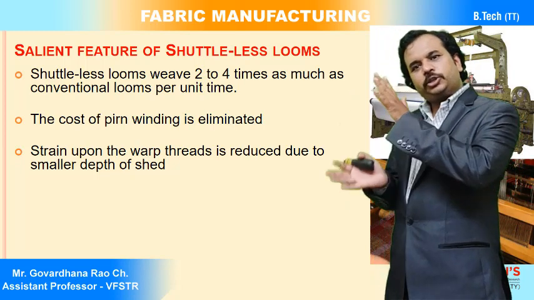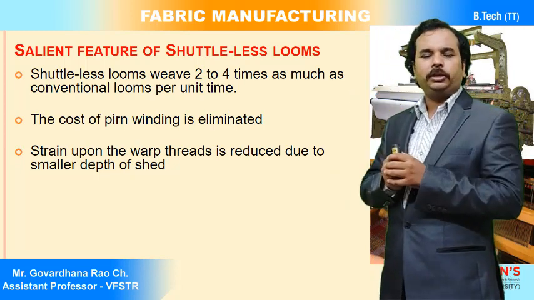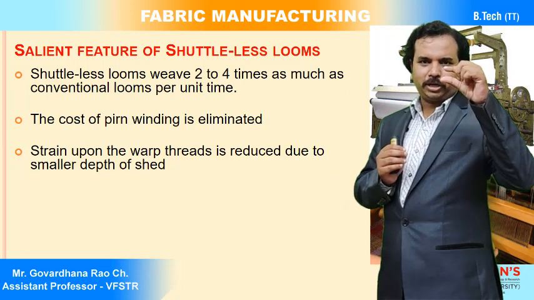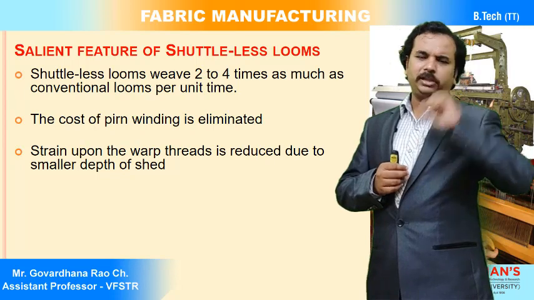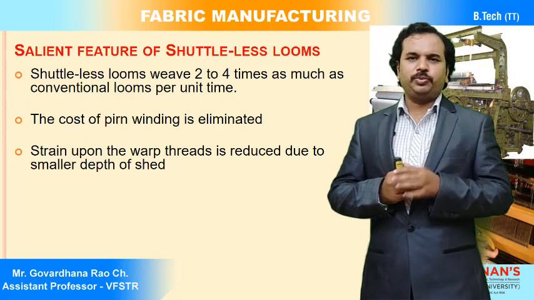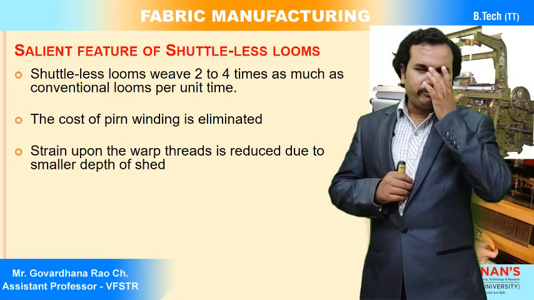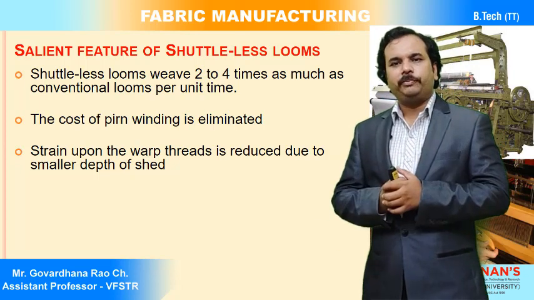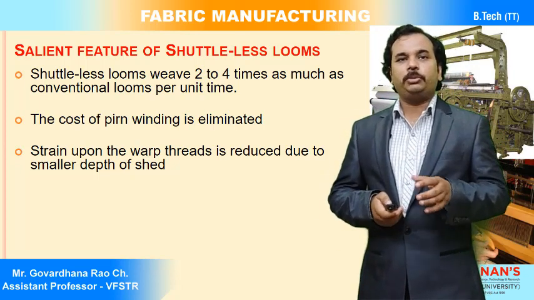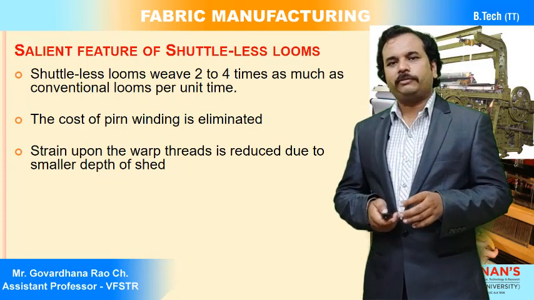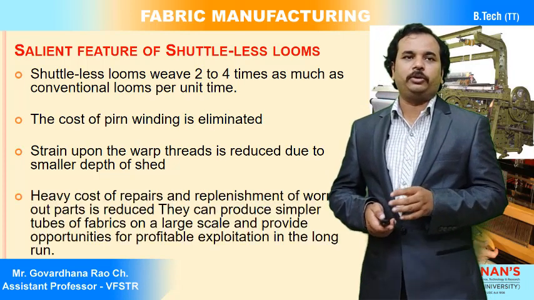We don't require much larger shed opening, because the rapier has a very thin diameter and the projectile also has a very thin diameter, or very small thickness. So we don't require that much shed opening. So automatically strain on the warp sheet is going to be reduced, because of the smaller depth of shed opening.